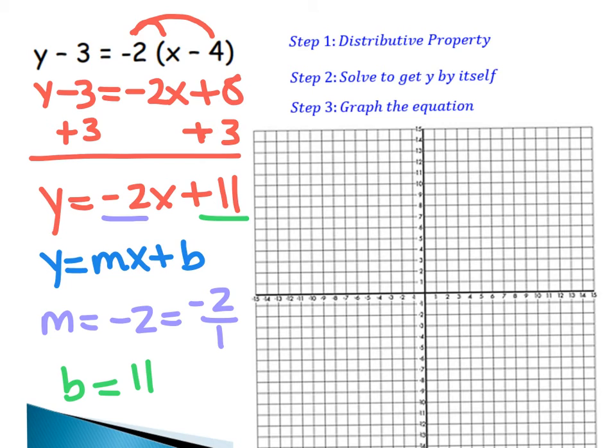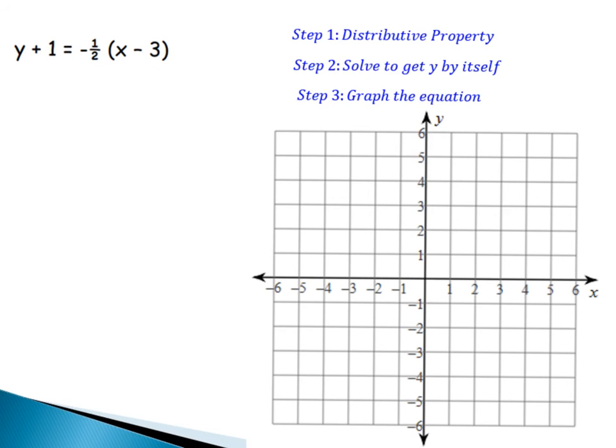So to graph, I'm going to plot my point at 11, and I'm going to move using the slope. So I'll go down 2 and over 1, and finish drawing in the line. Pause the video and try the next one on your own.